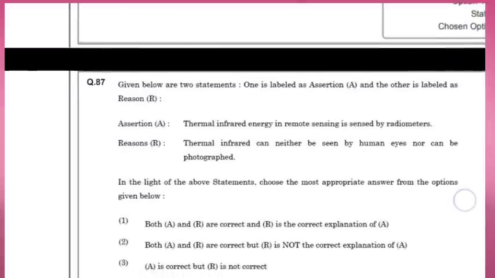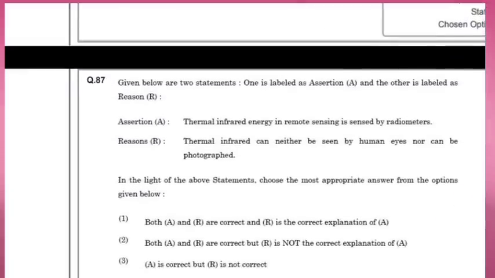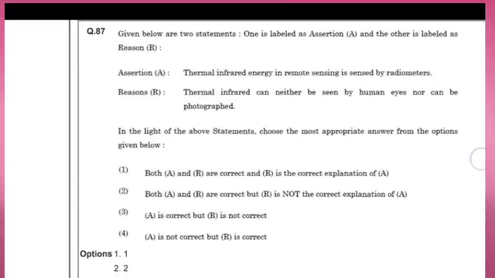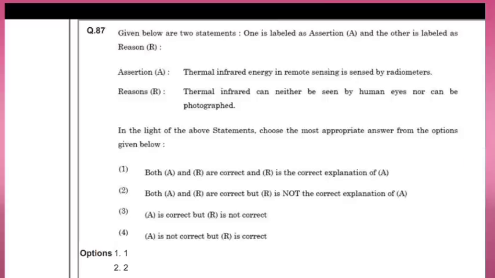And next question, an assertion and reason. The thermal infrared energy in remote sensing is sensed by radiometers, and thermal infrared can neither be seen by human eyes nor photographed.